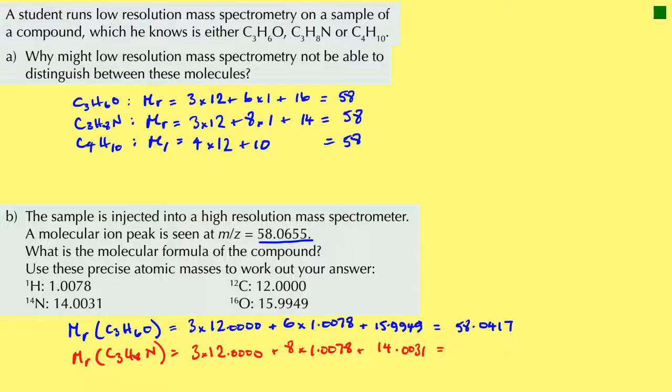And we plug that into our calculator, and it's coming out at, hey presto, 58.0655, which is the same as the mass spectrum. And so we know that the formula is C3H8N. That's the answer to that question.